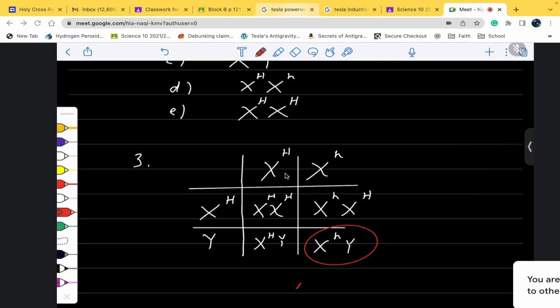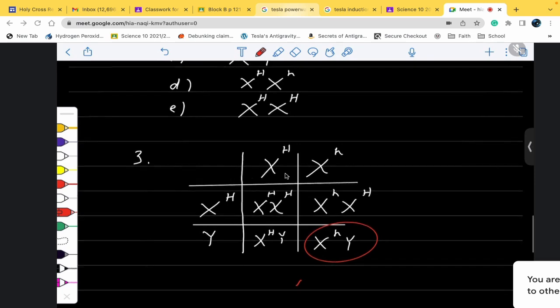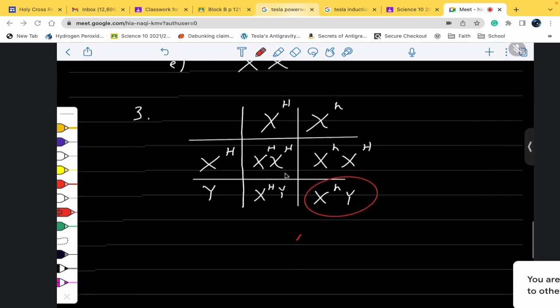So, the question is, what are the genotypes of the offspring of the children?